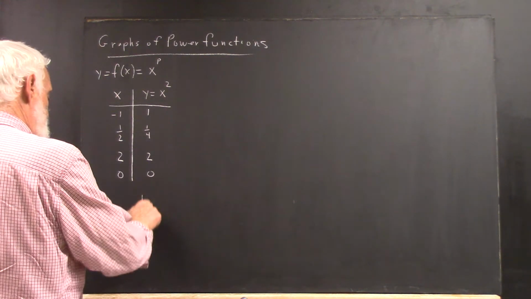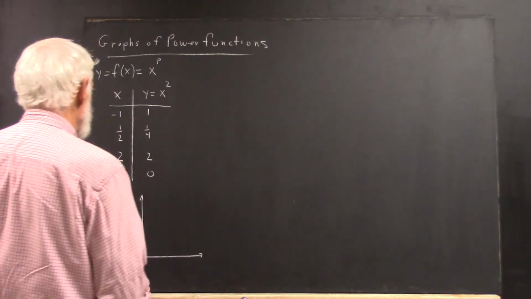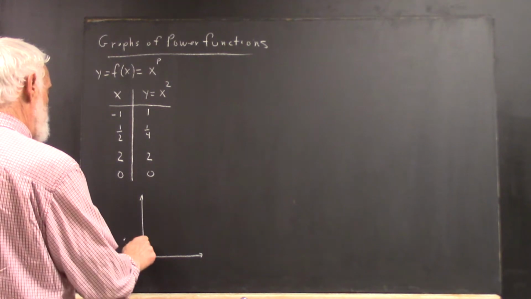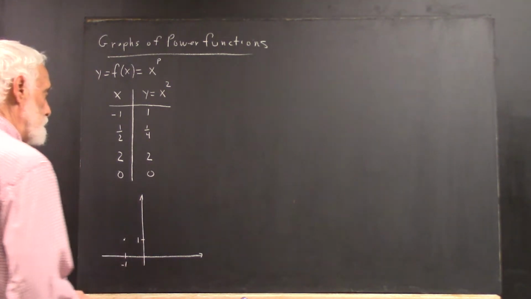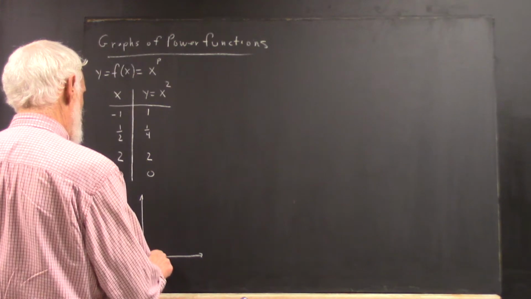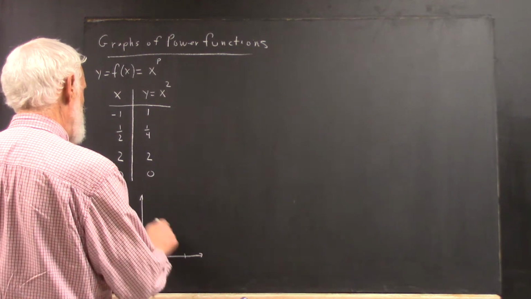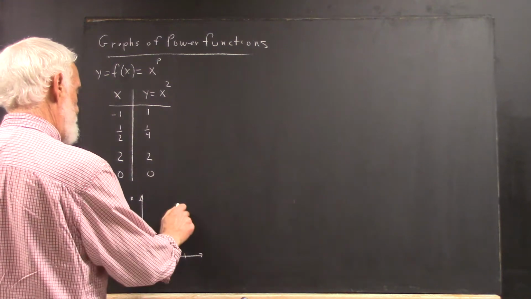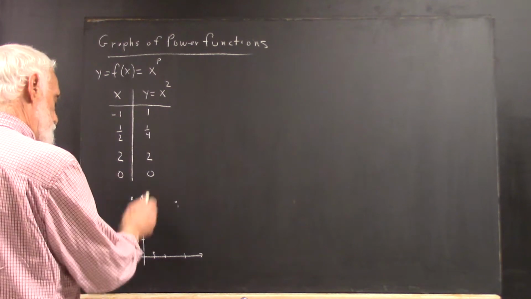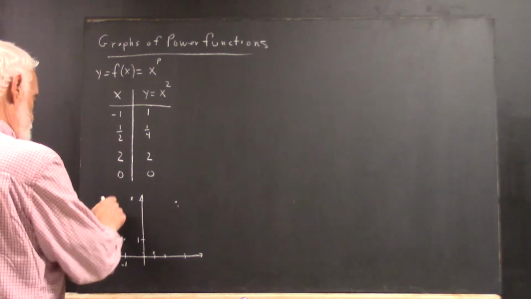So from this information, knowing that f of -1 is 1, and that f of 1/2 is 1/4, and that f of 2 is 4, and knowing that the shape of this thing is symmetric with respect to the y-axis, we don't really need the other points.